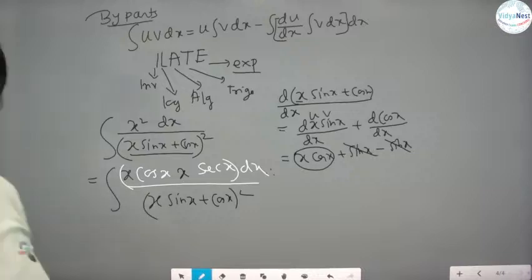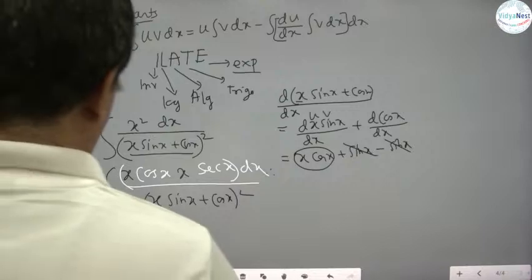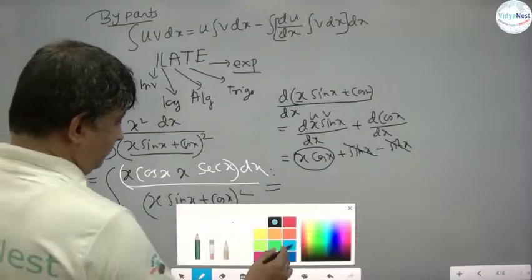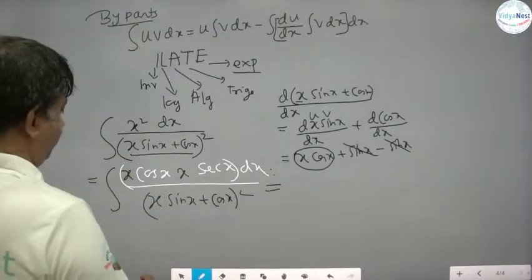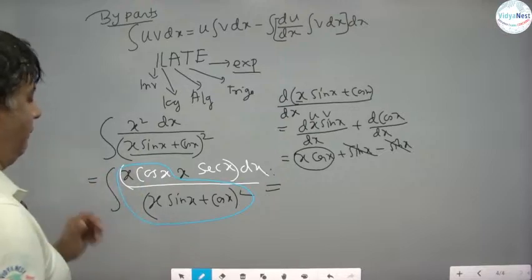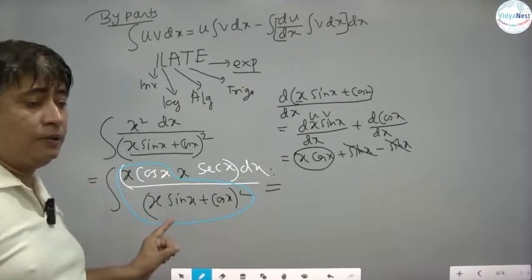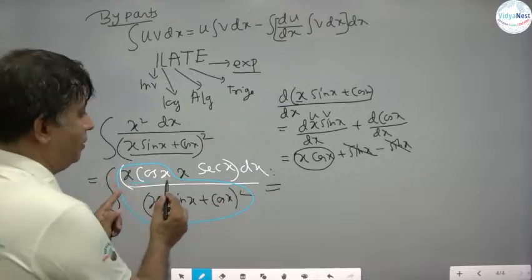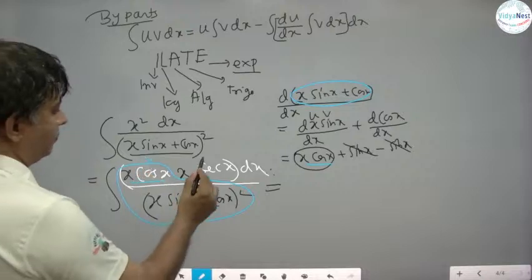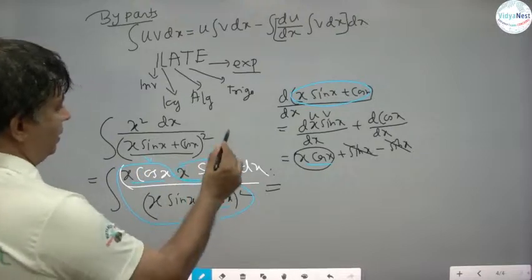Okay? Now, you take this thing as v because this part is integrable. Why? Because if I consider this thing as z, this will give you the differential part. So this will be v, this will be u. Okay?